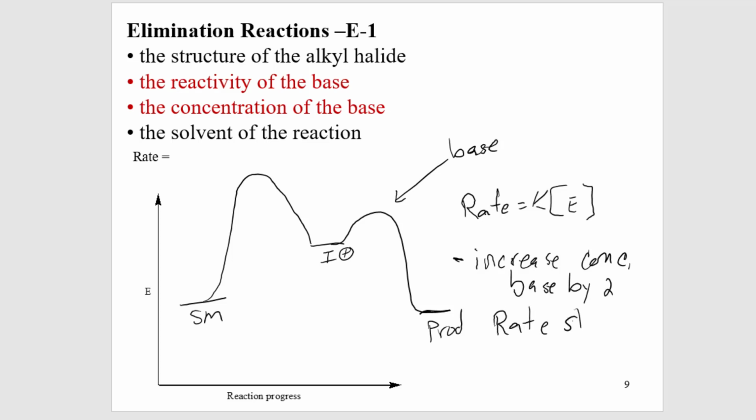Rate stays the same. Just like SN1, right? It's first order, it's only reliant on this rate determining step. If you increase the concentration of the electrophile by 2, the rate doubles, right? So you can see this really nice relationship.